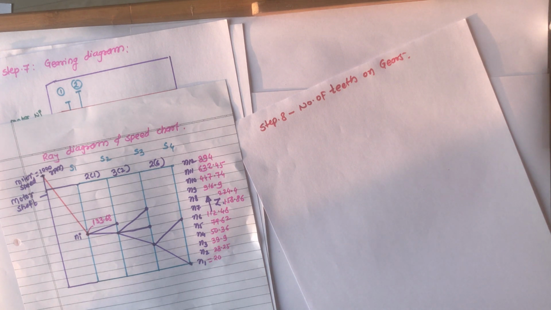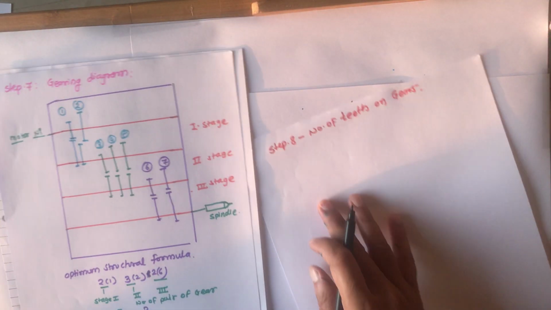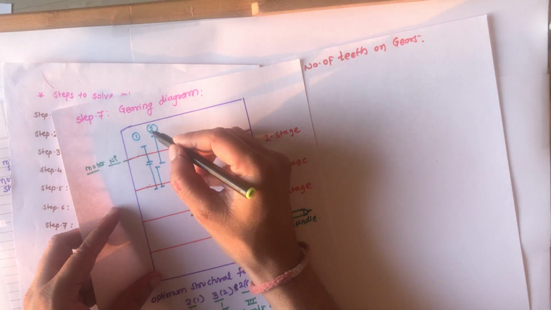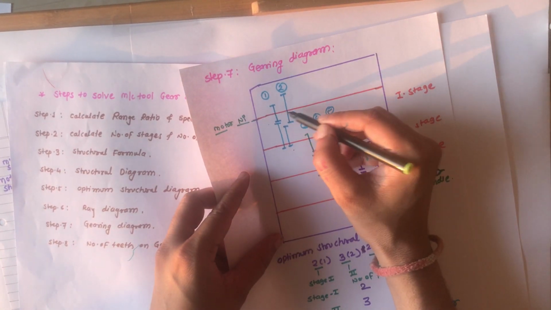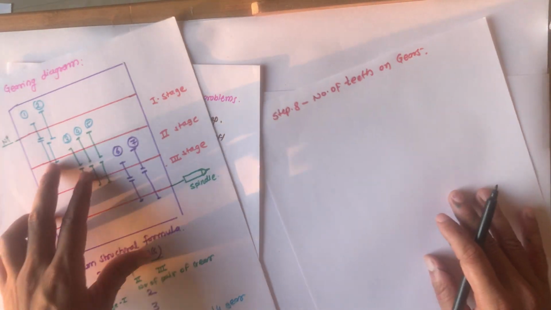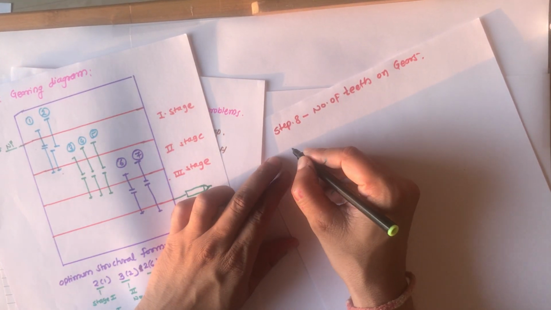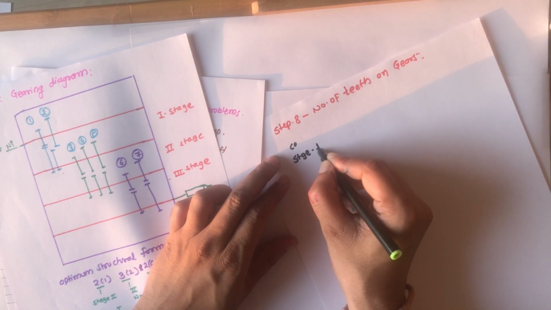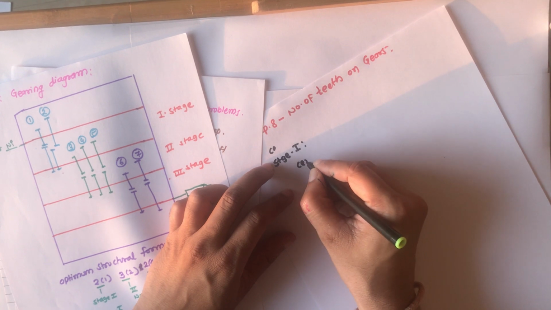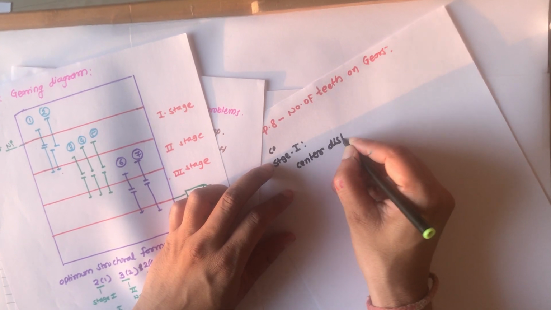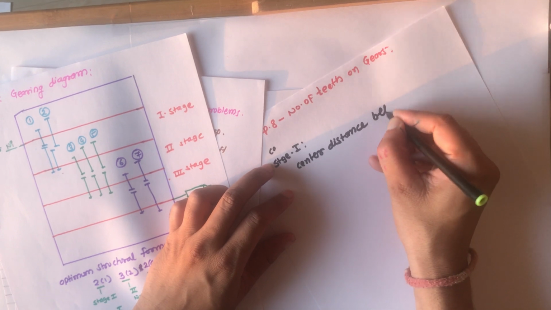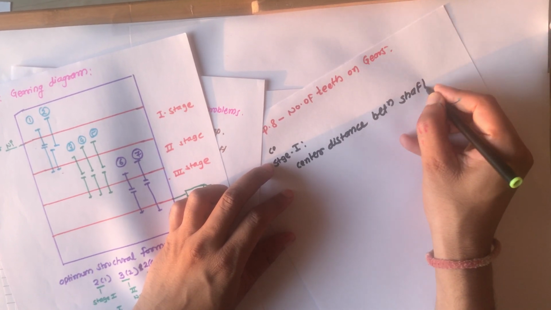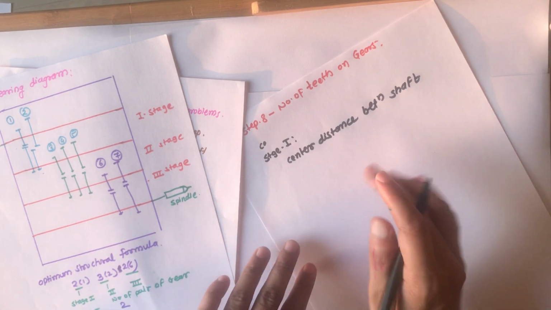Now we know the basic gear train equation: between these two gears, gear 1 and gear 2, the center distance is the same. See how I will write the center distance formula. First stage, center distance between the shafts.